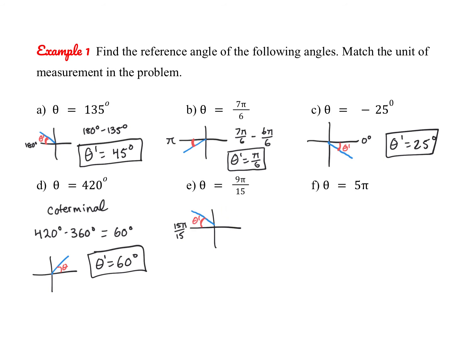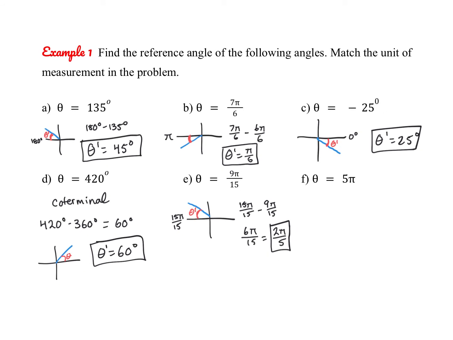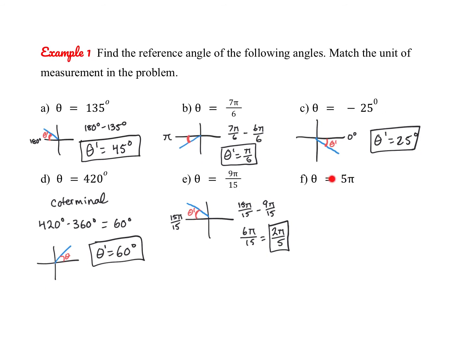So half a circle. So we would just subtract 15 pi over 15 minus 9 pi over 15, and we would get 6 pi over 15, which we can then simplify to 2 pi over 5. So that would be our reference angle. And of course, if you would like to simplify the angle first and then find the reference angle, you can do that as well.